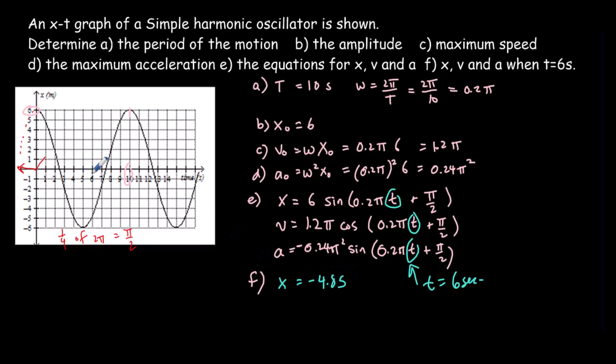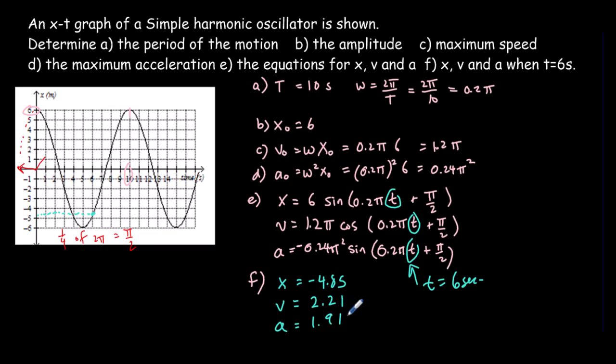And you can see that on the graph right here. That seems to be at about negative 0.485. Our velocity comes out to be 2.21, and our acceleration comes out to be 1.91.